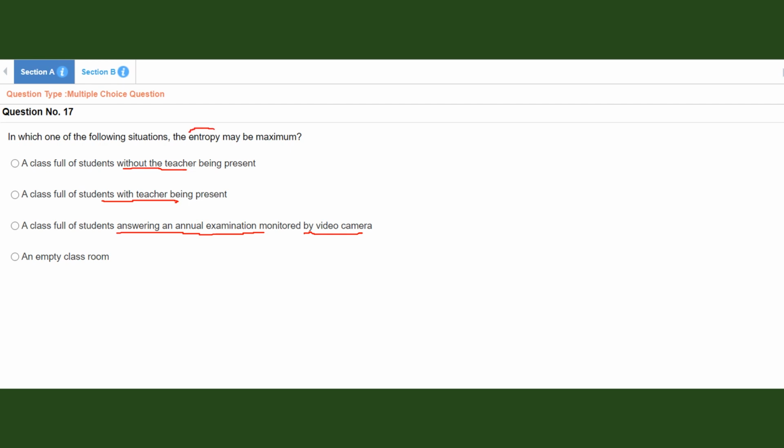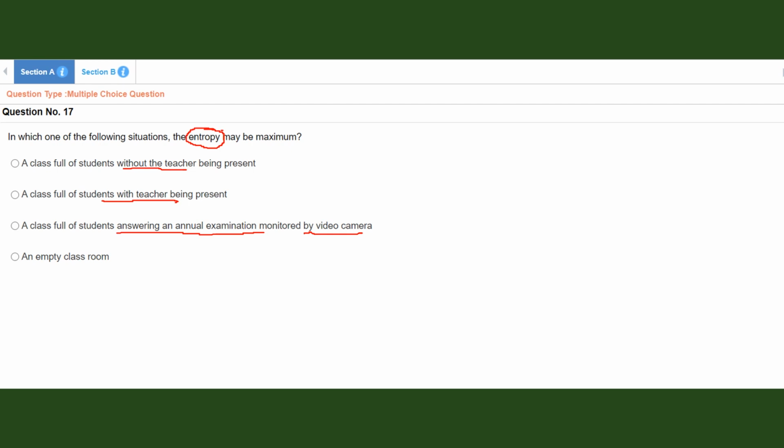Now entropy refers to the energy, right? Maximum disordered energy is related to high entropy because the randomness is more, and this is only possible when there is a lot of energy present and a lot of distribution is also possible.